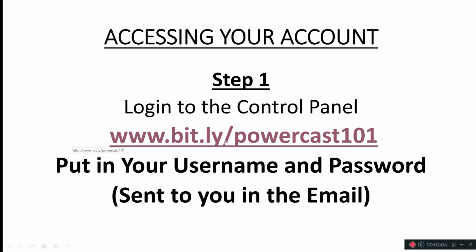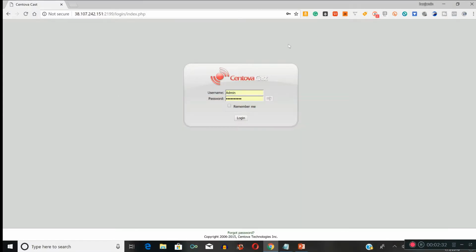Once you click on this in your email, it's going to take you to the control panel login place, where you'll be able to put in your username and the password that was sent to your email from PowerCast Host. So let's go online and access it.